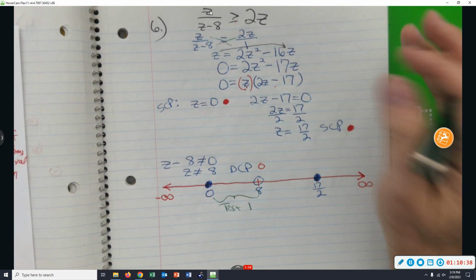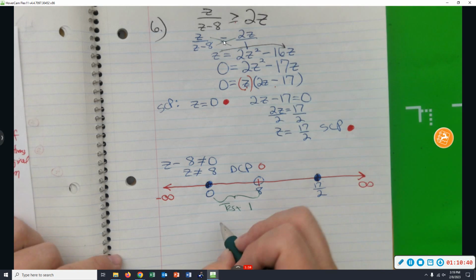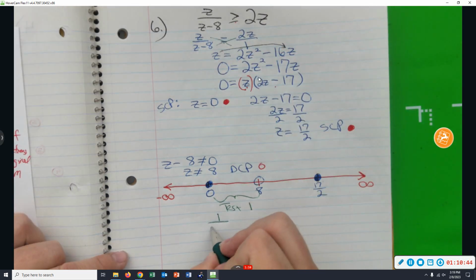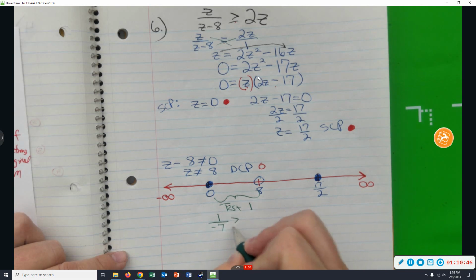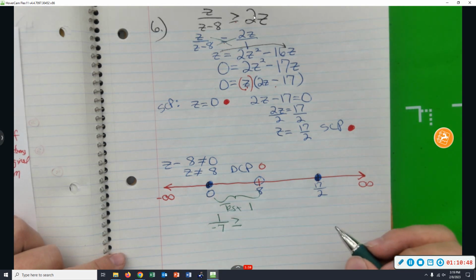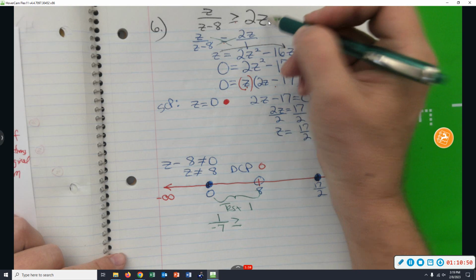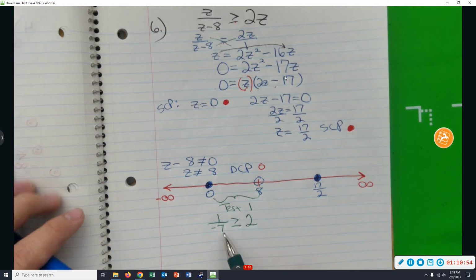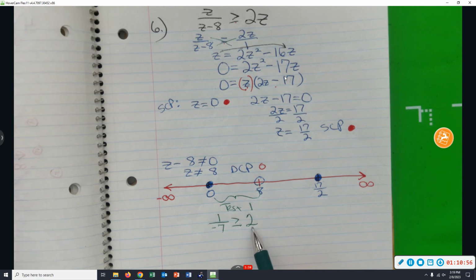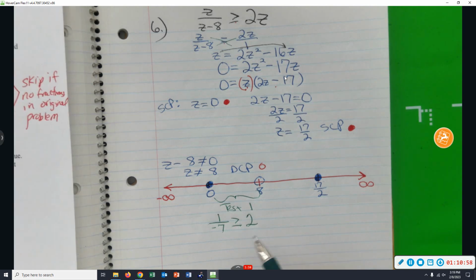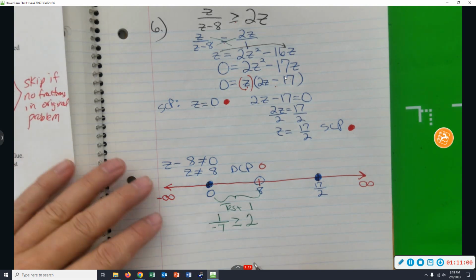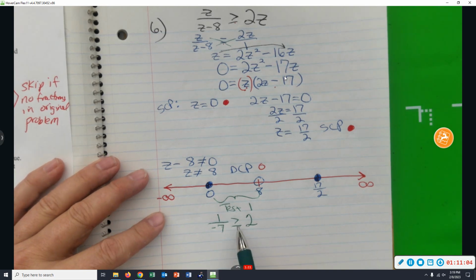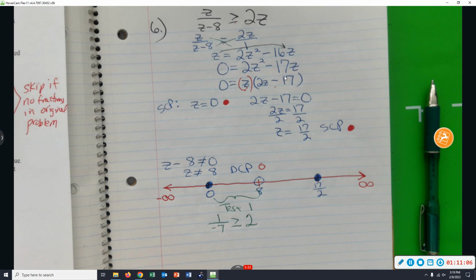That's going to give me 1 over 1 minus 8, which is negative 7. Is that bigger than 2 times 1, which is 2? I have negative 1/7 is bigger than 2. True or false? Oh yeah, you're right. It is false. A negative number is never bigger than 2. That's false.